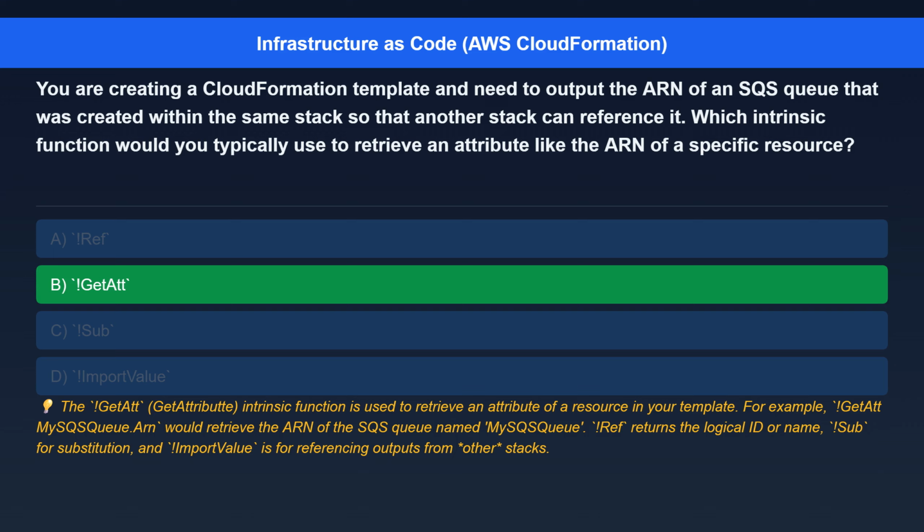For example, `GetAtt MySQS.Arn` would retrieve the ARN of the SQS queue named `MySQS`. `Ref` returns the logical ID or name. `Sub` is for substitution, and `ImportValue` is for referencing outputs from other stacks.